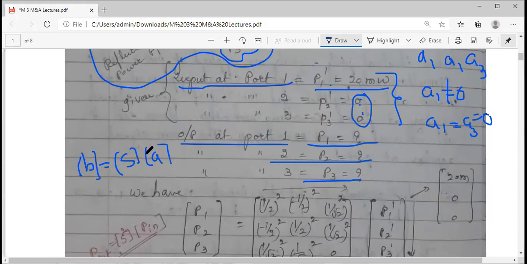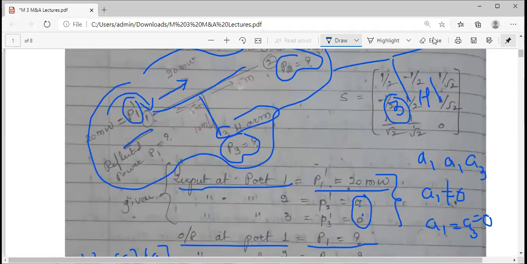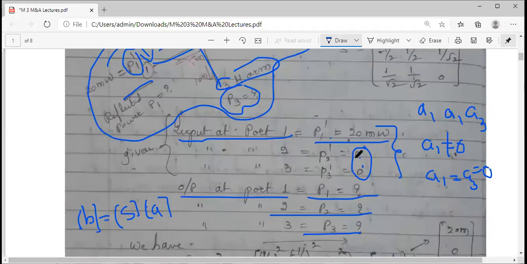Here, these B's and A's are all the waves, in terms of voltage, the incident wave and reflected wave. But here we need to talk in terms of powers. You can see I have written here the S matrix for the H plane. We have derived this already in the previous section. So this is the S matrix.